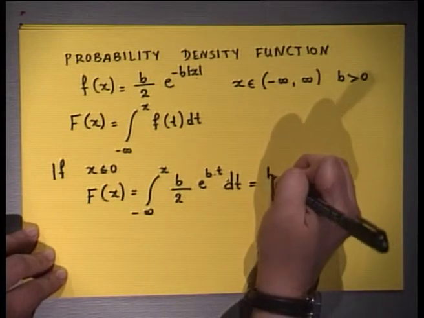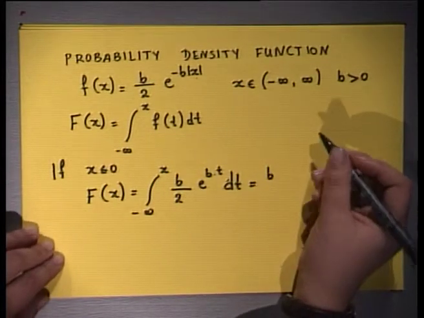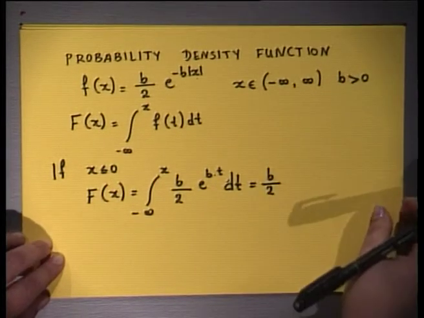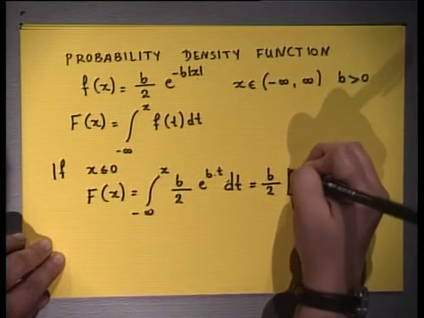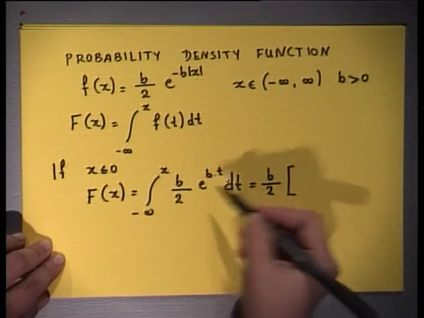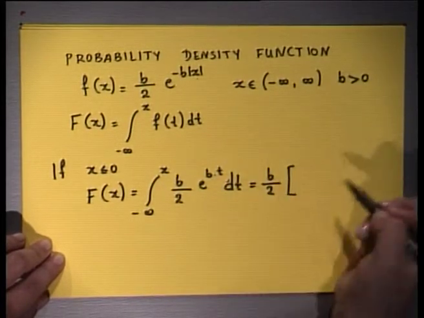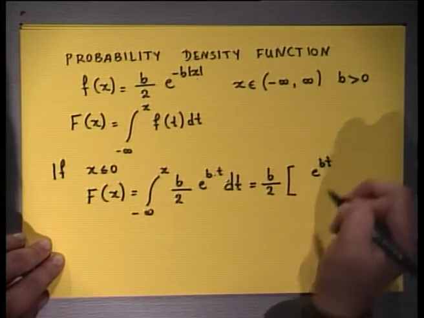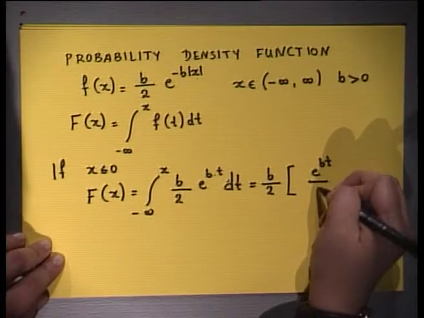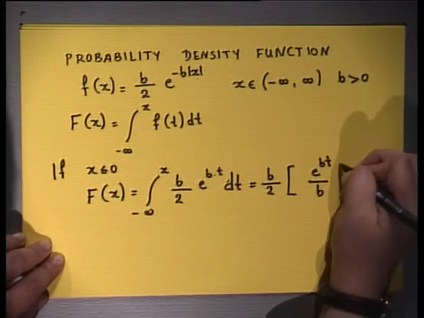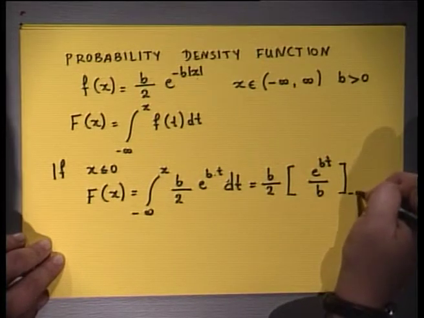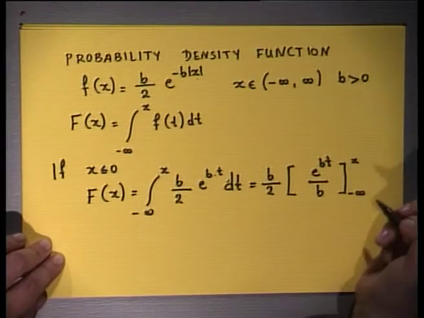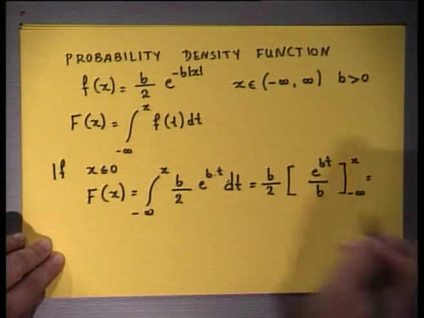So this will be equal to b over 2, the integral of this will be e to the b t divided by b, from minus infinity to x.